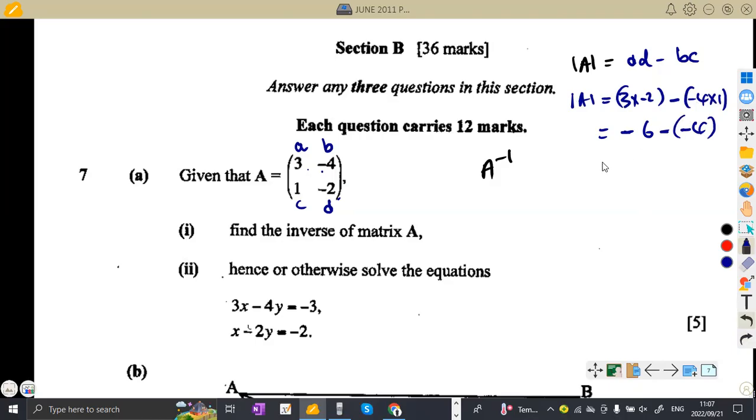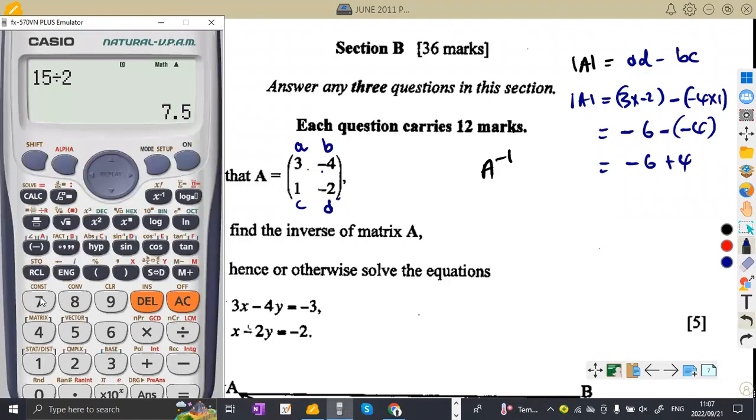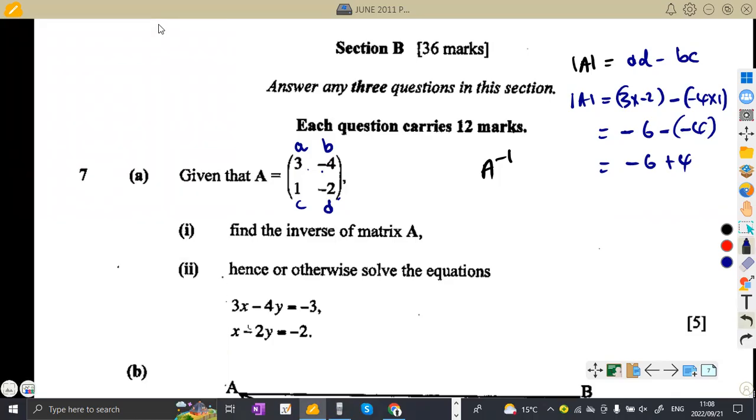On your calculator, you can simplify. This is negative 6 plus 4, minus and a minus is a plus. So it's going to be negative 6 plus 4, which is negative 2.